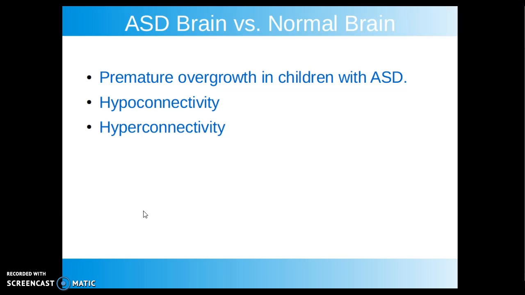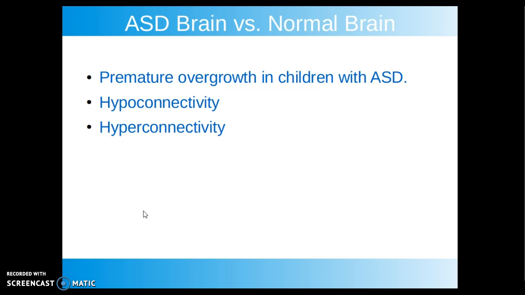That would be premature overgrowth in children with autism, which is the first thing they usually see across the lifespan, and that is where they actually have too much growth of their brain at an early age. So when compared to that of the average child, their brain is progressing too fast and growing more than it actually needs to.